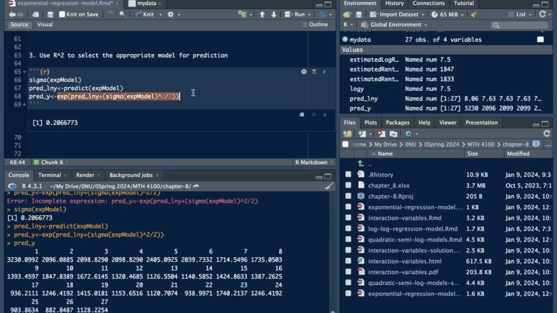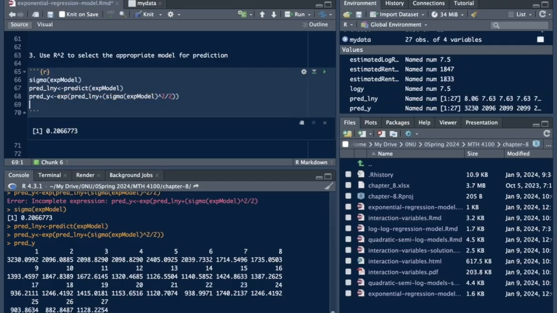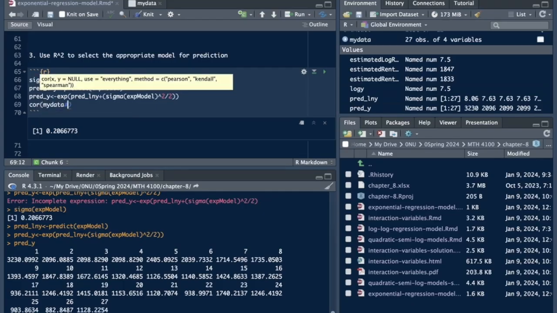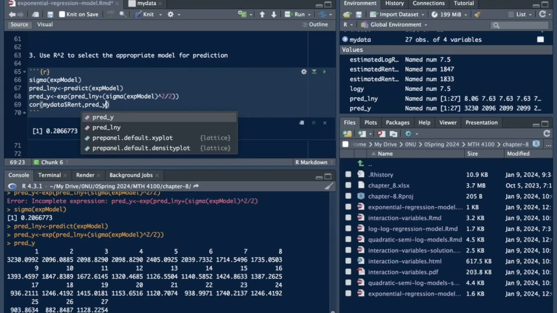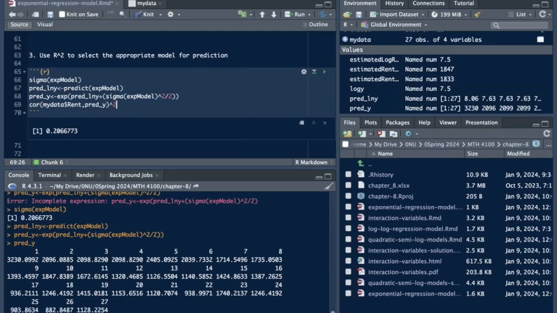It's a mathematical formula. After that, we find the correlation between my data, the observed rent, and the predicted y. We find the correlation between the observed and the predicted, then we square it.